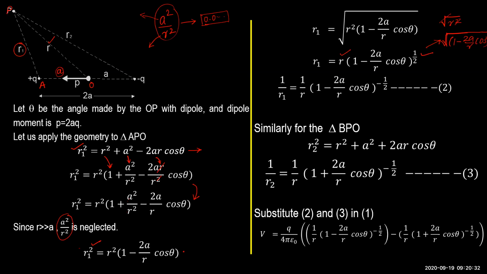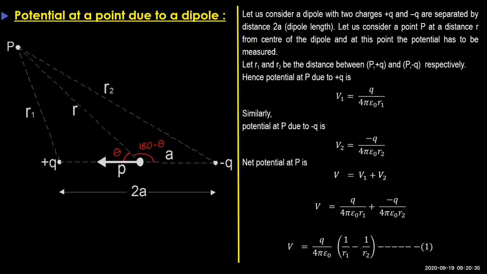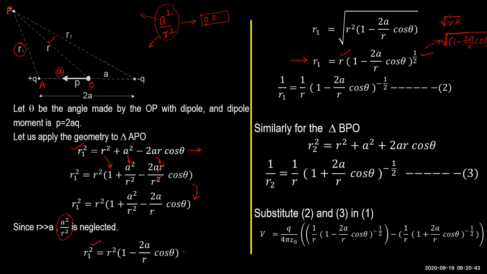Right. Now, in our previous equation 1, see what we have? We have 1 divided by R1, isn't it? But now we got the equation for R1. Hence, to get 1 divided by R1, we take the reciprocal of the previous step. So when the reciprocal is taken, 1 by R1 is equal to 1 by R, and the reciprocal of this entire term will be raised to minus 1 by 2, because we know the laws of exponents.